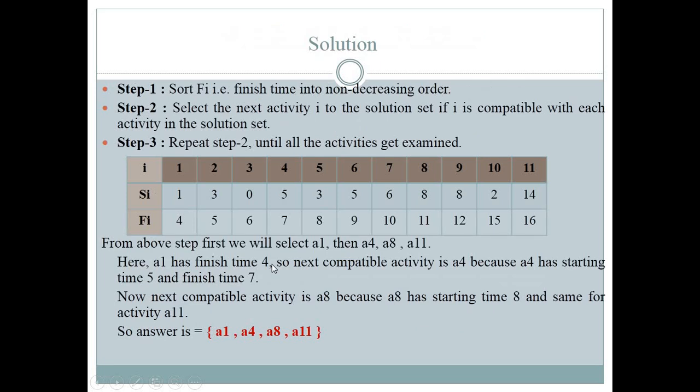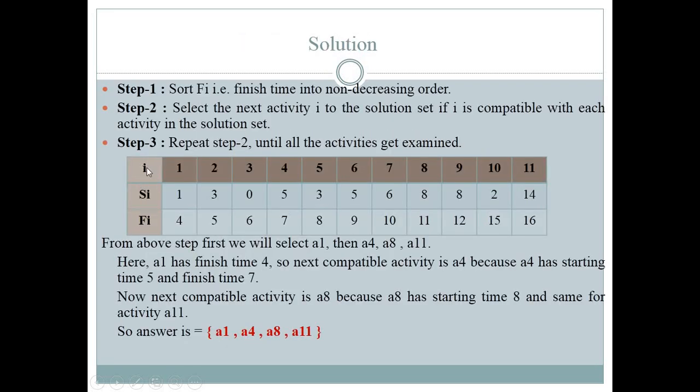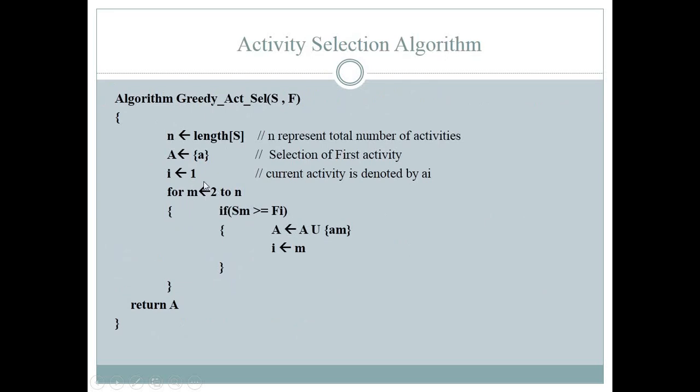Okay, so this is the solution for the activity selection problem, and this is the algorithm for finding activity selection. Here we have 11 activities. A is our first activity, and currently it is denoted by Ai, meaning our starting activity. We start from 2 and we are finding a solution.